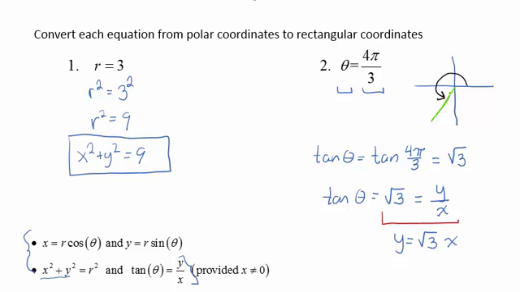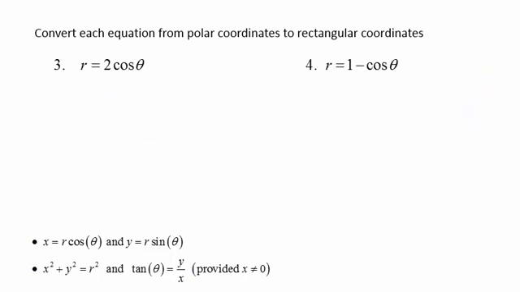So up here, if we have theta as 4 pi over 3, then y equals root 3 x would describe the same line as theta equals 4 pi over 3. Let's look at two more examples of converting equations from polar coordinates to rectangular coordinates using some substitutions that we know.